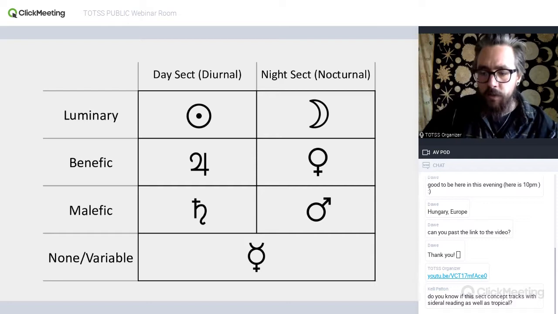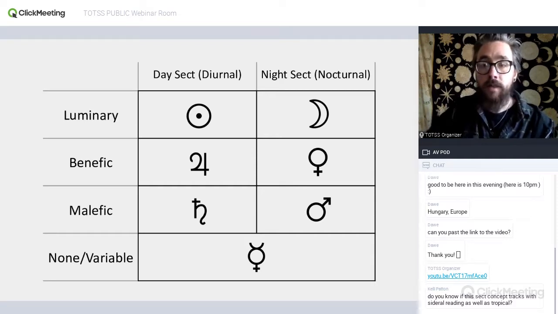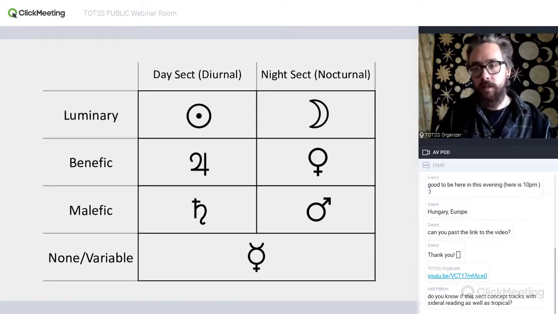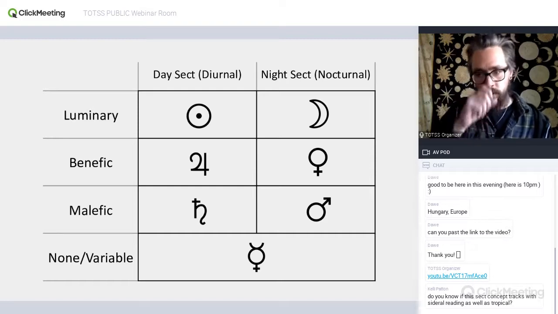Kelly's asking if this tracks with sidereal reading as well as tropical. In the Indian tradition, it's interesting, the main line of Indian astrology, there are a number of different Indian astrological traditions, but the more common, well-known ones are actually much closer in a way to Hellenistic astrology than they are to modern astrology. And so the Indians use this idea of sect and everything, not always in exactly the same ways, but they do sidereal and they use these concepts as well.